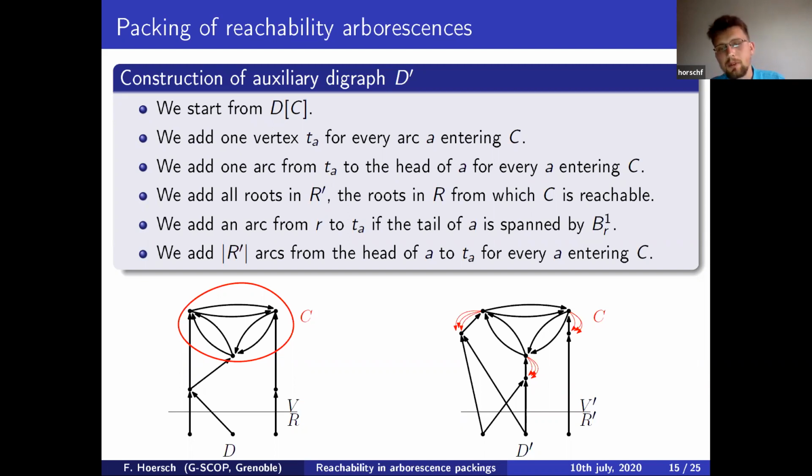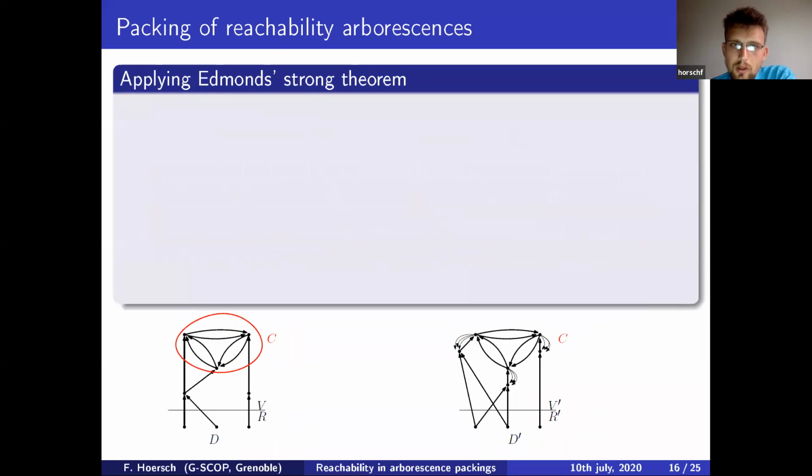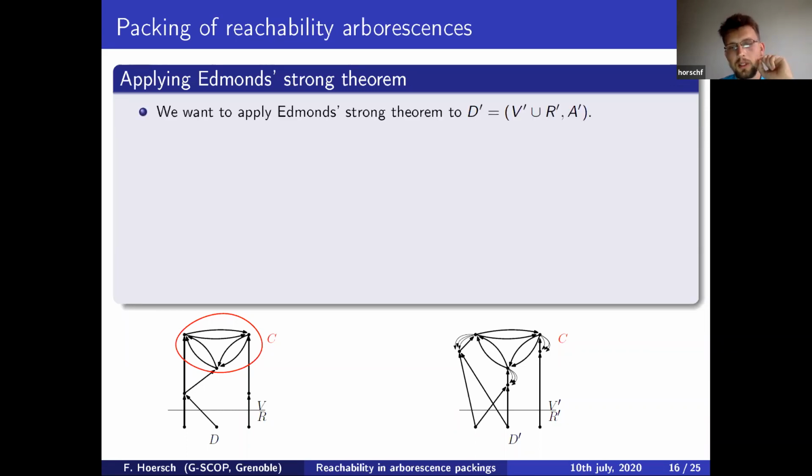Okay. So that's already a short explanation for the algorithmic sense, but now I will also show you how to actually prove this. So now I need to prove that in this graph on the right, in D prime, I can apply Edmonds' strong theorem. So I need to show that the condition is satisfied in this rooted digraph, D prime.